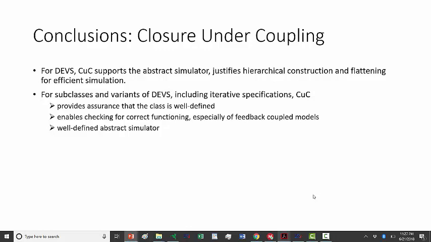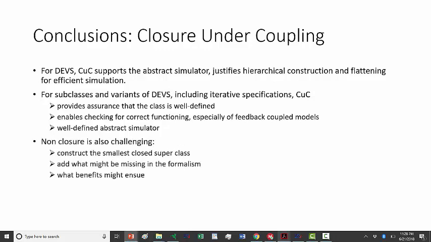It enables checking for correct functioning, especially when the coupling of models is cyclic or has feedback. And this allows us to define abstract simulators, and real simulators based on them, to actually implement simulations of these subclasses.